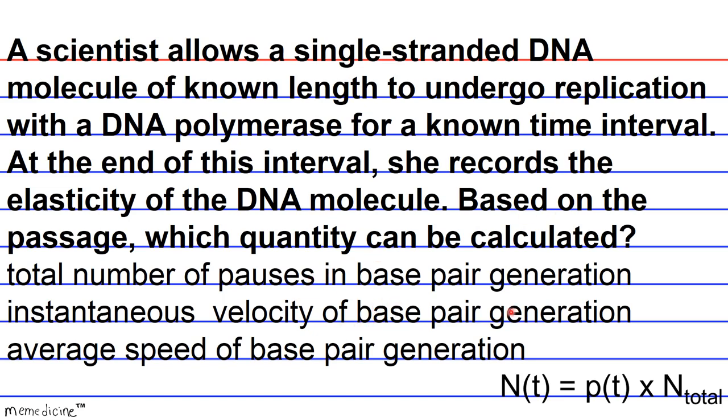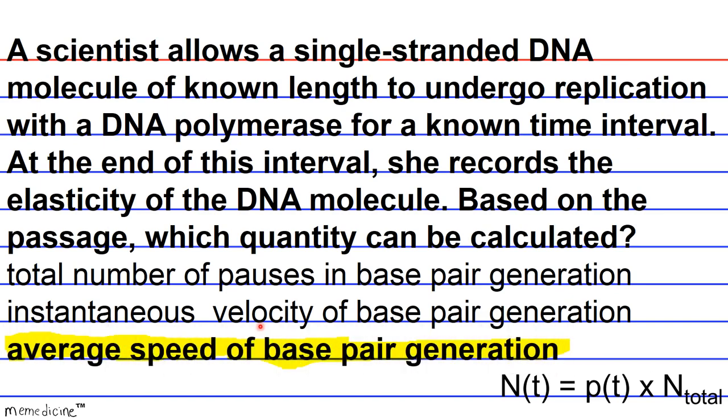Okay, so velocity includes direction, and since the DNA molecule can twist and turn in a variety of directions, we can't predict the velocity based on the given information. Therefore, we can only calculate the average speed of DNA polymerase. Okay, so that's our final answer, average speed of base pair generation.